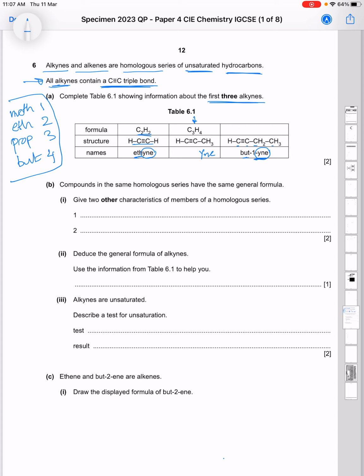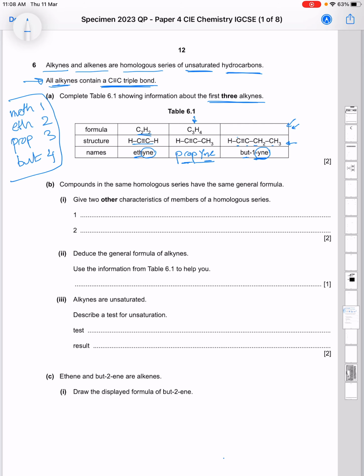So going from here, I would call this alkyne that contains 3 carbon propyne, just like propene, but because it contains a triple bond, I'm going to call it propyne. Now, if I want to add the formula of the alkyne but-1-yne that contains 4 carbon atoms, it would be very, very easy.